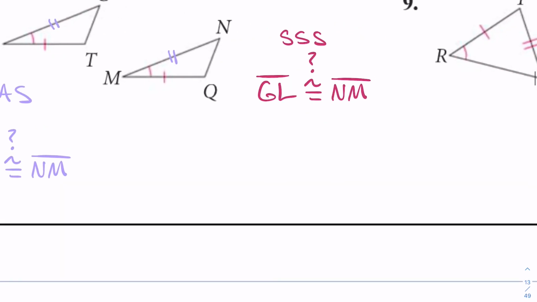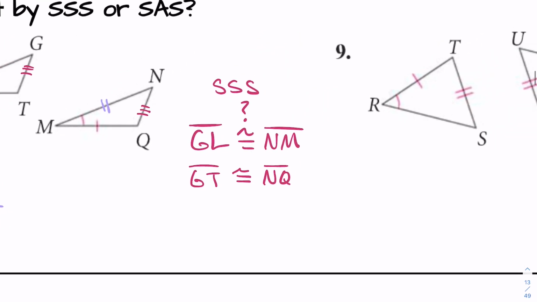And I would also need to know that GT is congruent to NQ. That's by side, side, side.